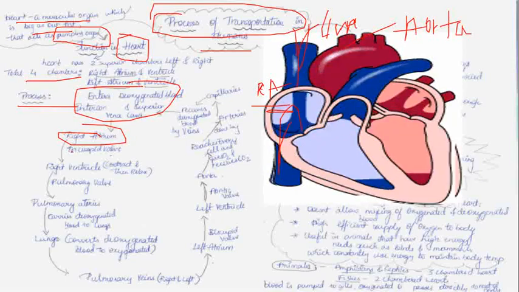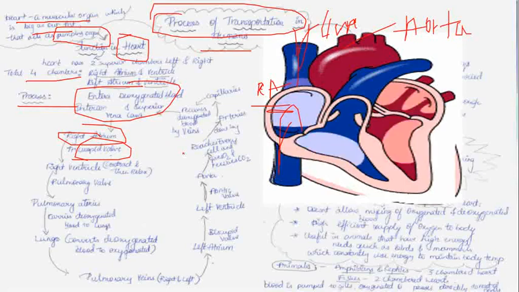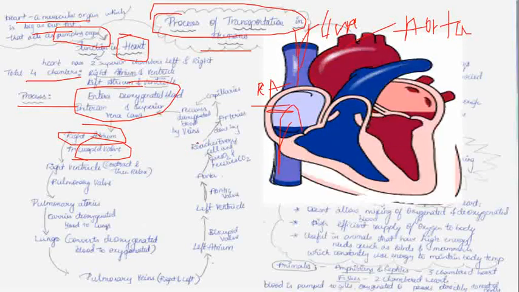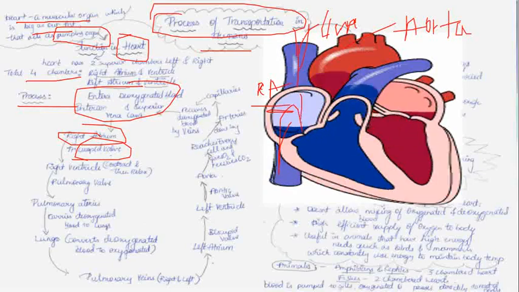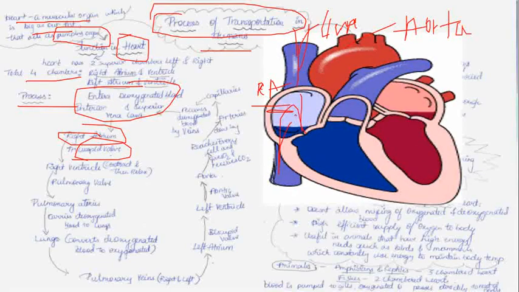And here is the tricuspid valve, the valve that prevents the backward flow of blood. That means as blood passes through the right atrium, it will not allow the blood to flow back.